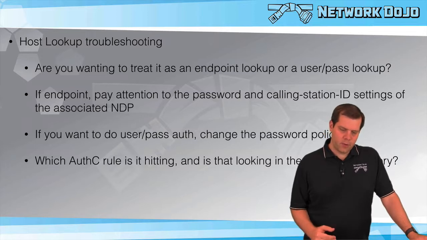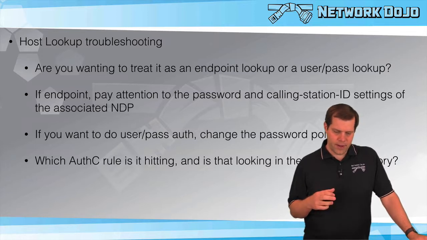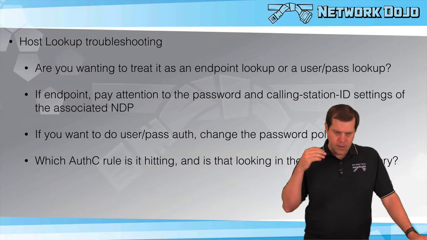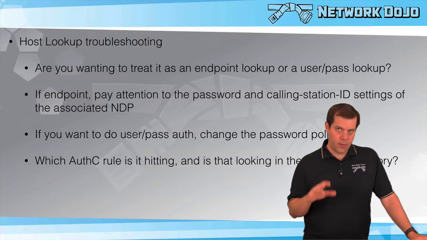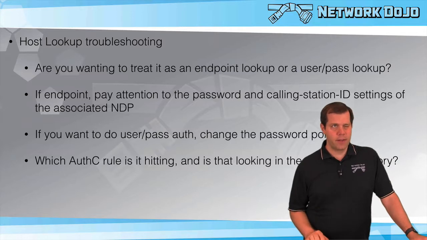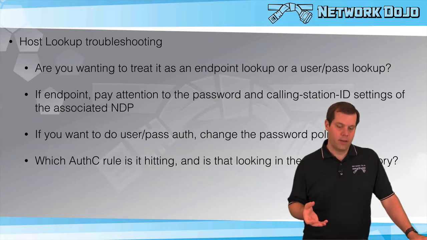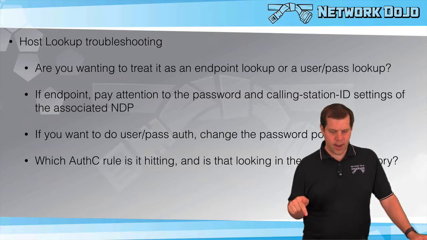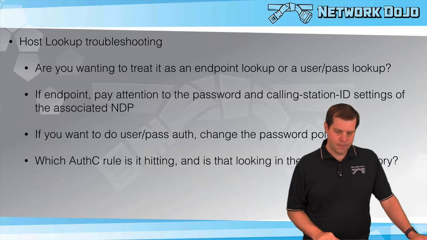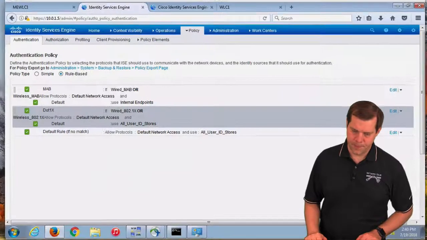And the network device profile is what specifies, okay, when a MAC auth happens and I want to treat it as an endpoint lookup, are there any security enforcements I want to enact? And if the auth doesn't match that, I will actually fail out the auth. So let's take a look at that.